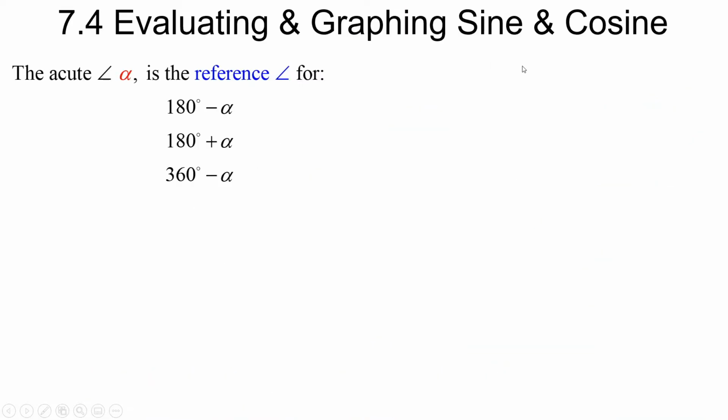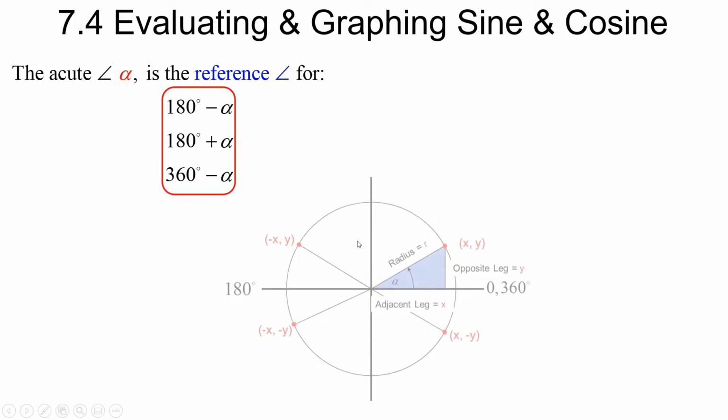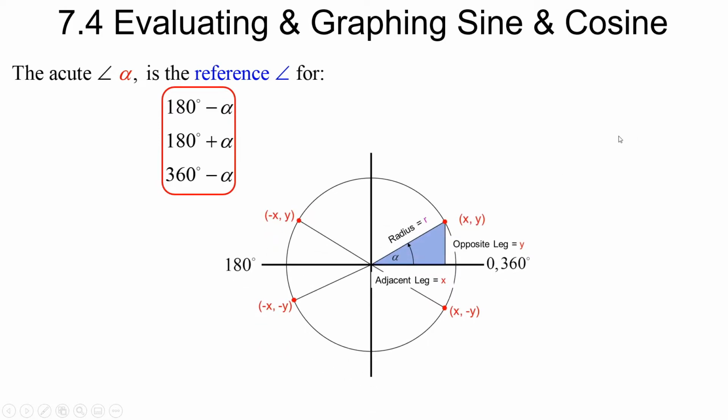So it's the reference angle for these 3 angles, but for infinitely many more: 180 minus alpha, 180 plus alpha, 360 minus alpha, and all of their coterminal angles. Wow.